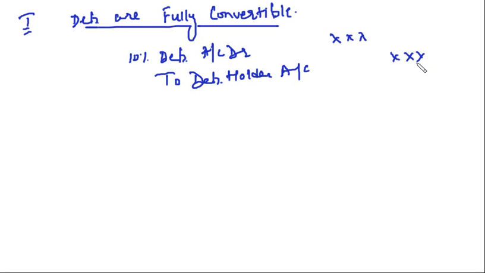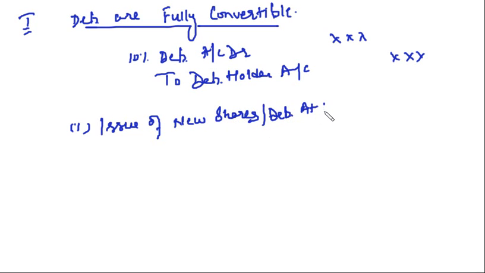Clear? Now the debentures are fully convertible and converted into shares or debentures. Now issue of new shares or debentures at par. Now what will be the entry? To whom you have to pay? You have to pay to the debenture holder.